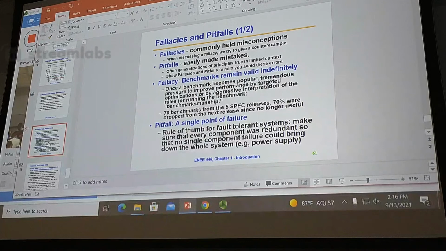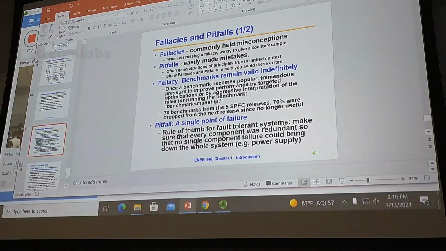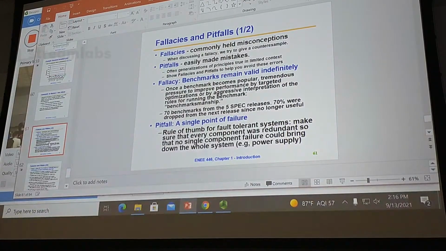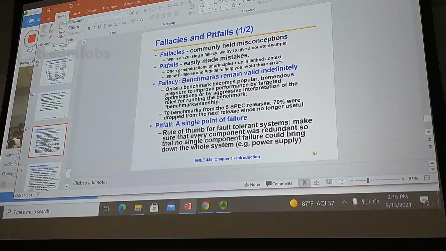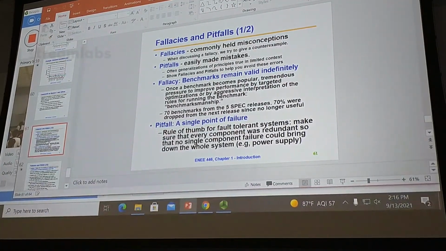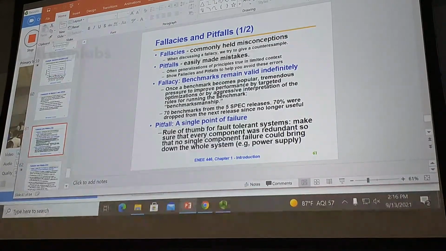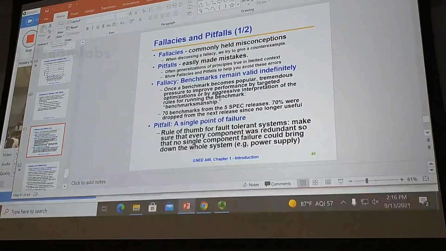Then all this redundancy, everything is really of no use, right? So you have to be aware that there are going to be parts in the system, if they fail, there's a problem.